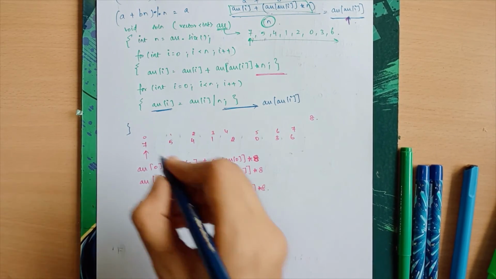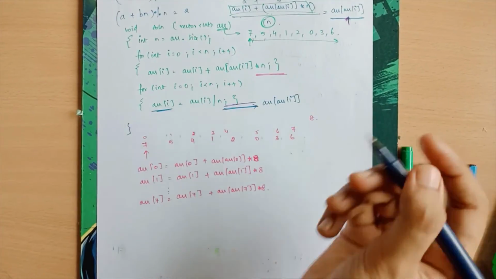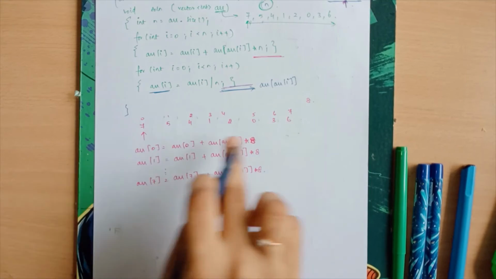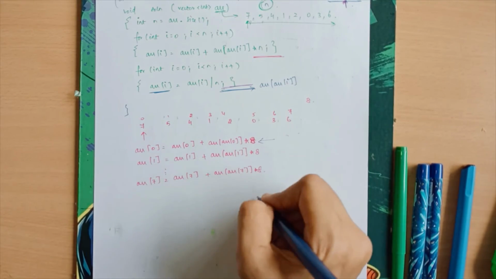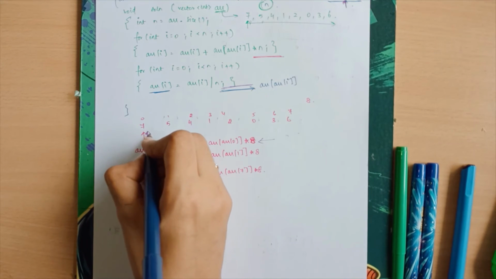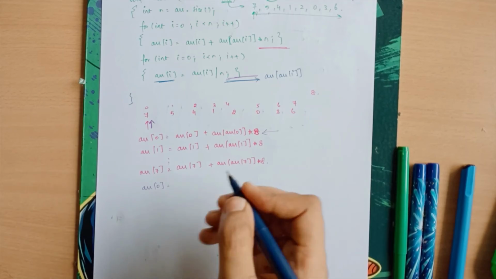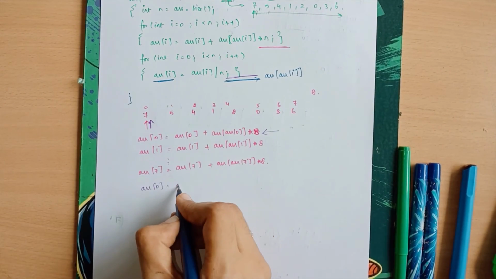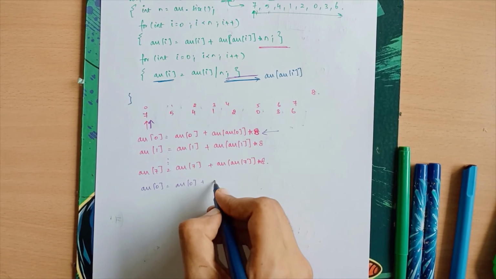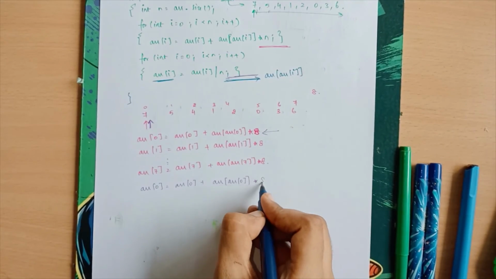In the second loop, this is the value of the array. Again I'm traversing from here up till the end. Here I convert each array of 0 by dividing it by n. Initially the value of array of 0 is array of 0 plus array of 0 into 8, right?